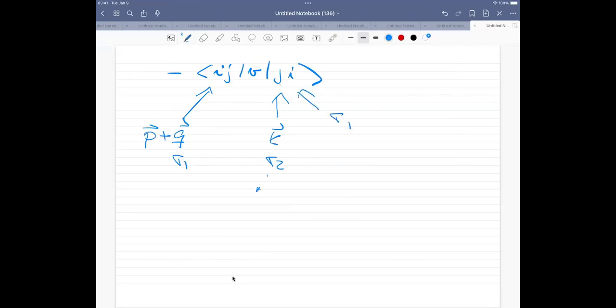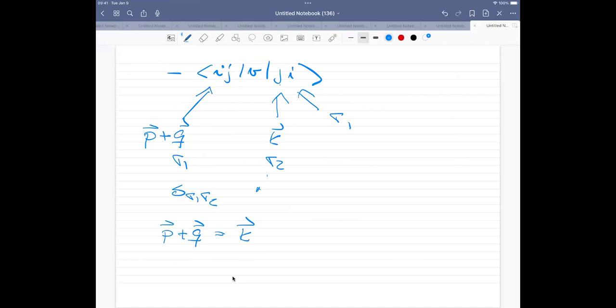So there's going to be a restriction, delta sigma 1, sigma 2, here in order for this to be different from 0. Then here I can actually have P plus Q equal to K. This is allowed due to momentum conservation.